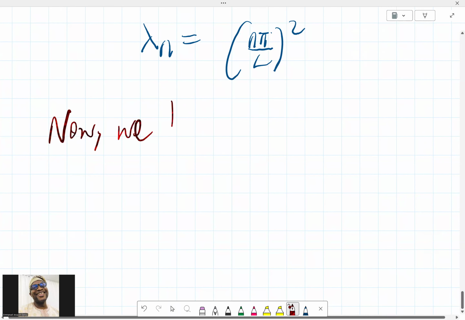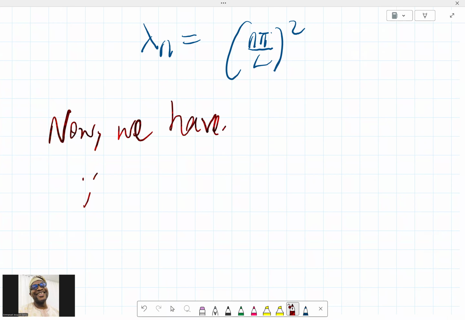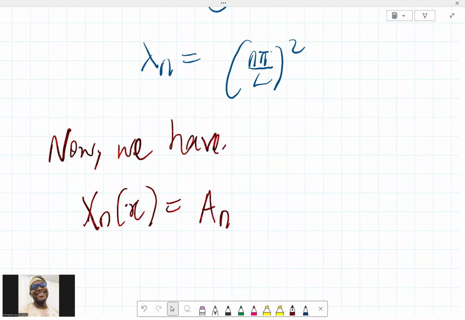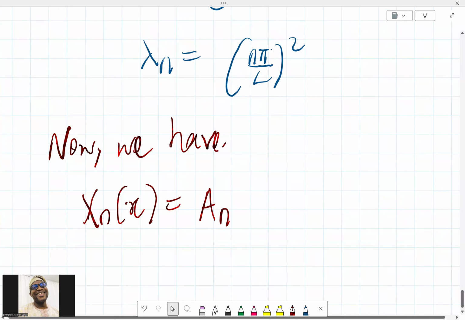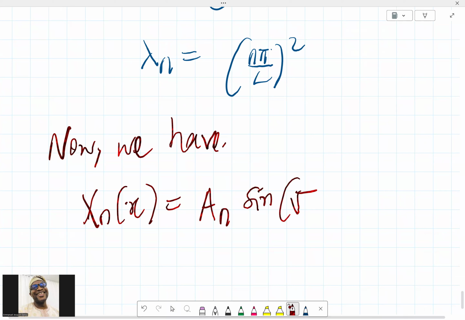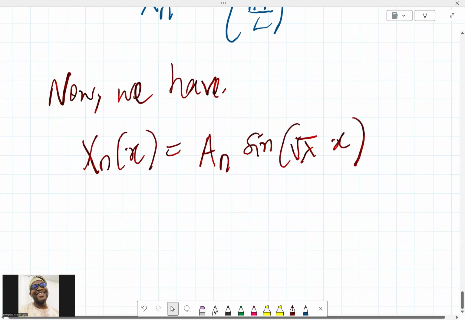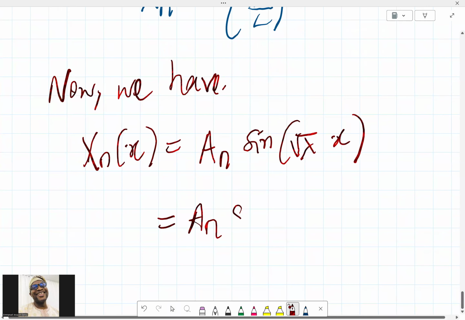If you follow that now, we have Xn of x, because it's not all about the n. Xn of x is now An, which we didn't get in short terms. But one thing we got out of it is, you remember, this was sine root lambda x. Now root lambda x means we now have An sine.